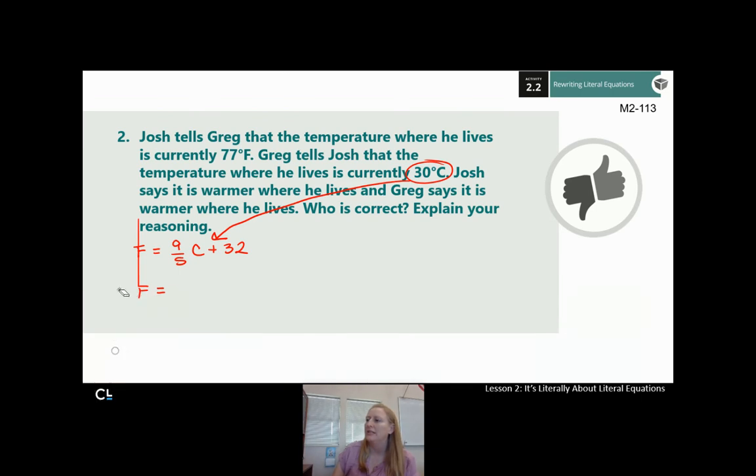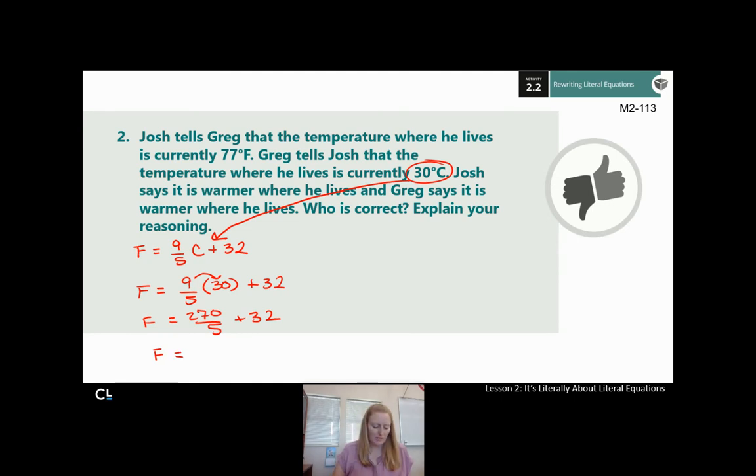So we've got 9/5 times 30 plus 32. Remember the trick. You multiply the top first, and then we divide out the bottom. So I need a calculator. 9 times 30 is 270. But we're going to divide out that 5.